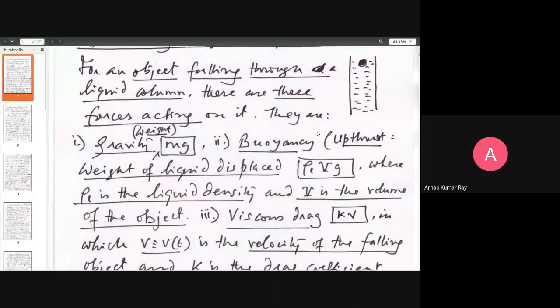Upthrust is the weight of liquid displaced. If the object has a volume of capital V, it will displace the same volume of liquid. The mass of liquid displaced will be the density of the liquid times the volume, and the weight will be mass times acceleration due to gravity. So rho L into V into g will be the upthrust.